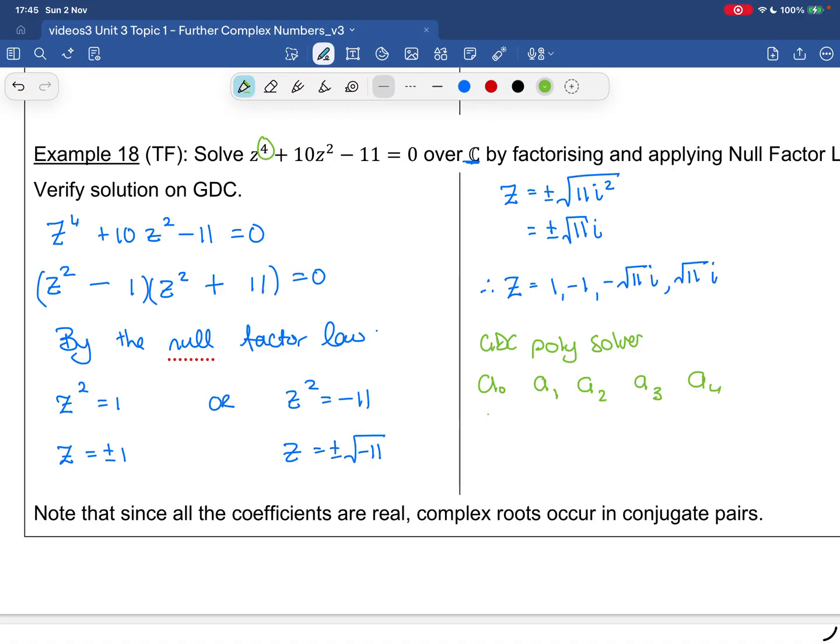So we've got a coefficient of 1 in front of my z to the 4, 0 in front of my cube, 10 in front of my z squared, 0 in front of my z, and my constant term is negative 11, and it will give you your solution.